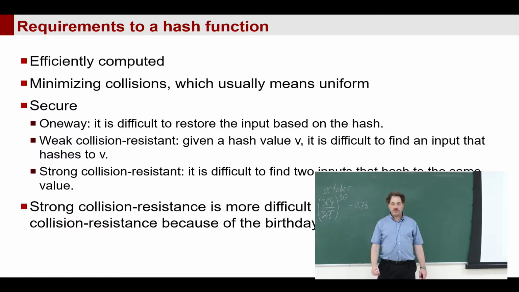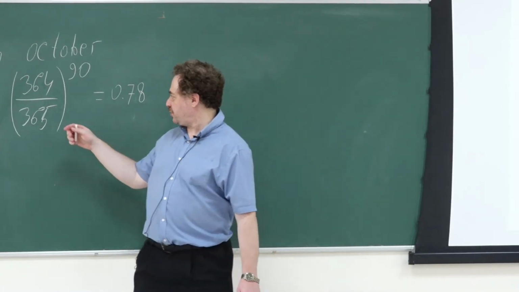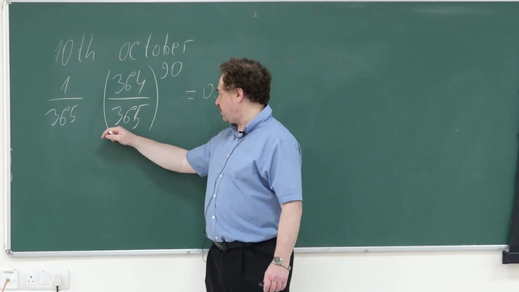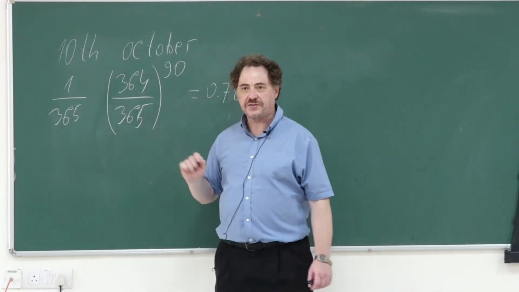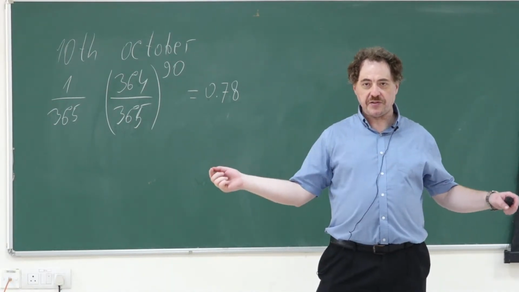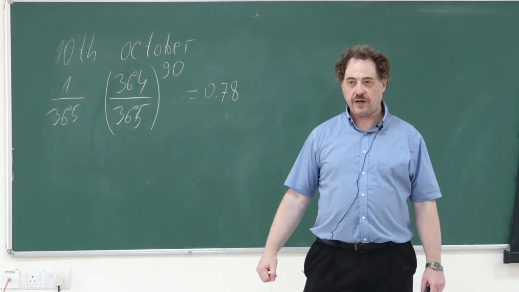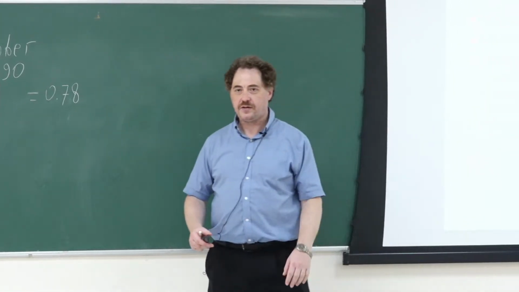And the probability of each input value mapping to the same hash value is the same as in this calculation, depending on the space. In this case, the space was 365 days. But of course, the realistic space is much bigger, so it's very difficult to break weak collision resistance.